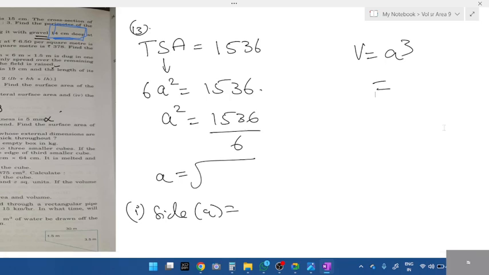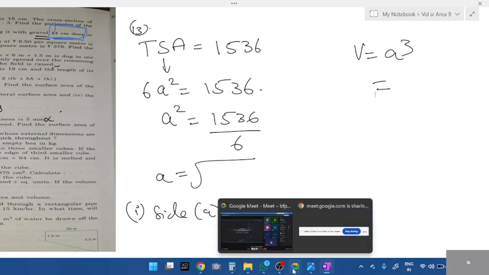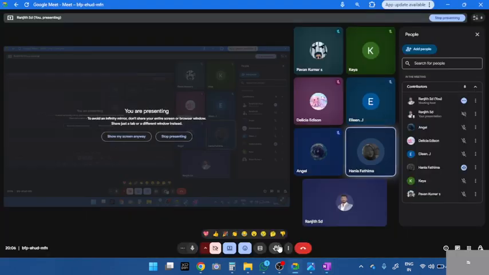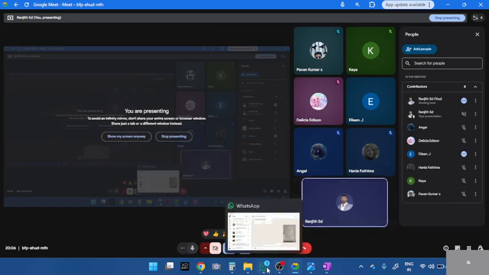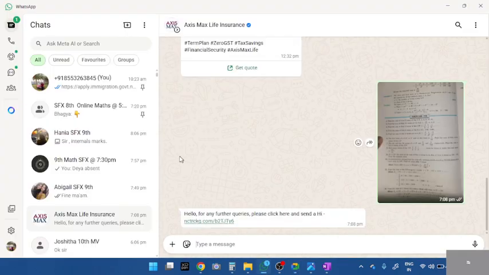Is Ani online? In some message. Got your internal marks. What about others? Those who didn't get internals, did you get your marks, students? How much did you get? Where did you go wrong?